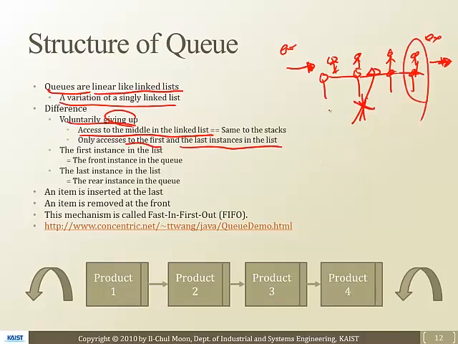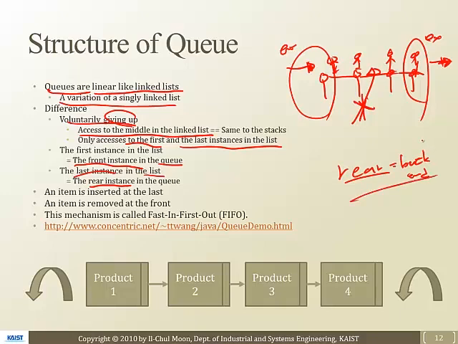So the first instance in the list is the front instance in the queue, and the last instance in the list is called the rear instance in the queue. Rear means the back, the end, and front is like the face, the front. So an item is inserted at the rear, and an item is always removed at the front.